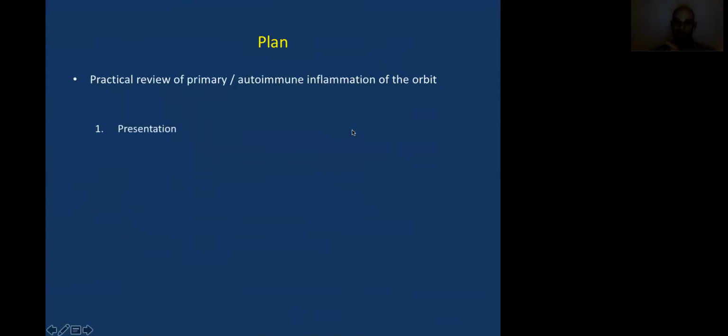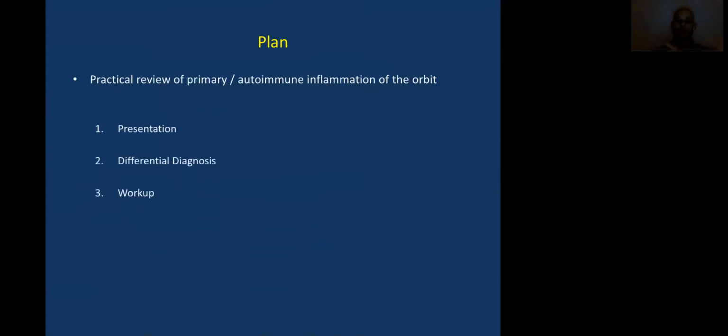And I will start by showing you just the kind of plan of the talk. So the goal is to really provide for you guys a practical review of primary, also known as autoimmune, inflammation of the orbit. We're going to first go through the presentation of how inflammation of the orbit actually walks into clinic.